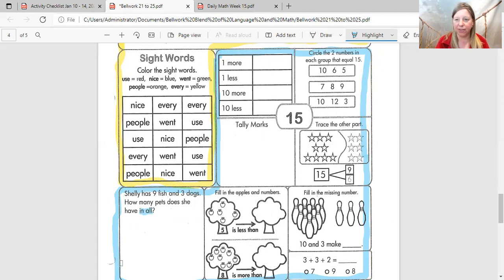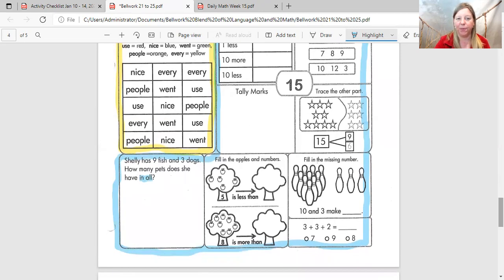When you have a question that says in all, do you add the numbers or do you subtract the numbers? You add. So now you need to make sure that you show an addition equation sentence or you draw counters to show the rest of the story. Be sure to show your work and your answer. You need to have both your work and your answer shown.